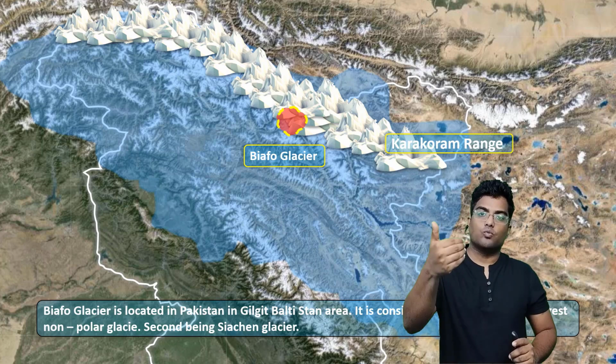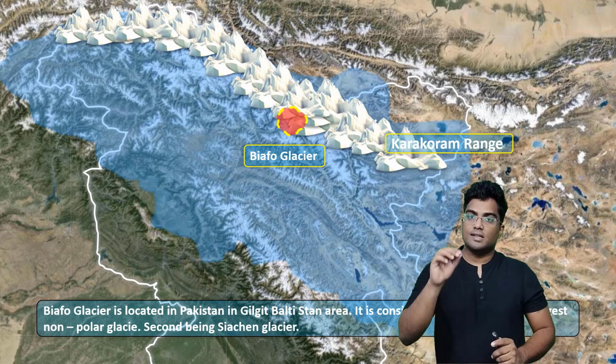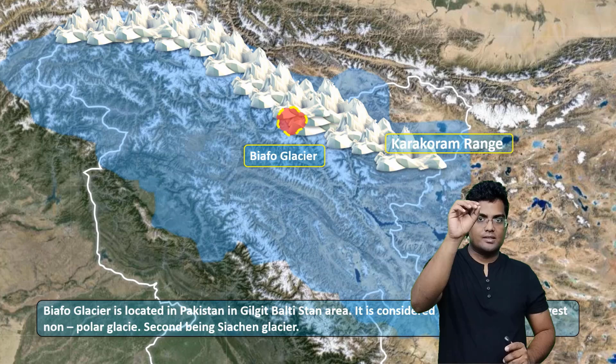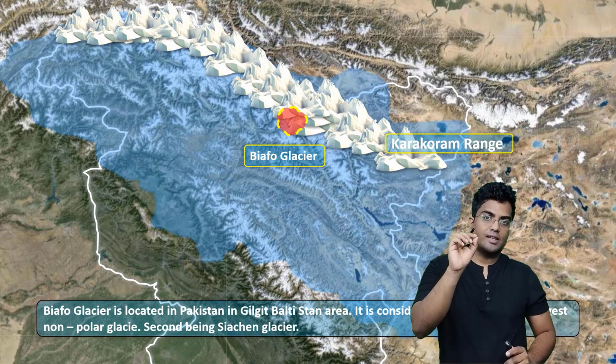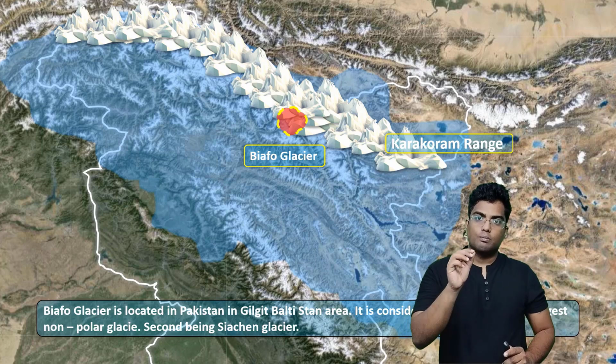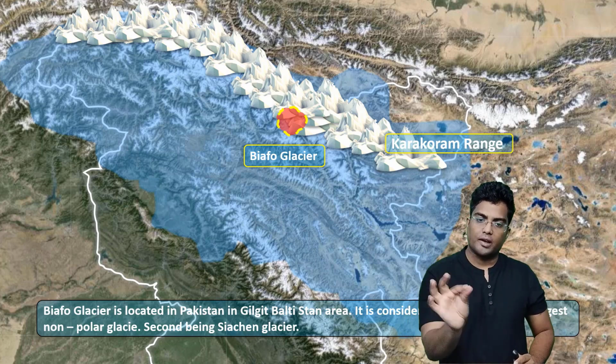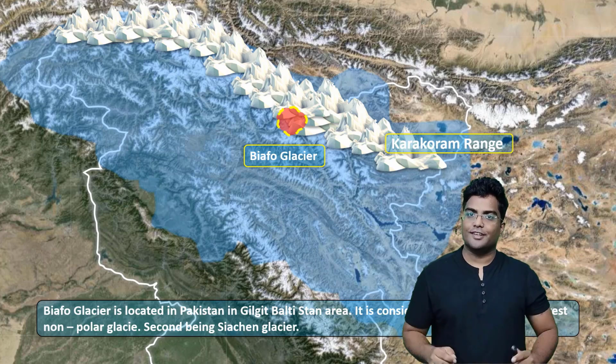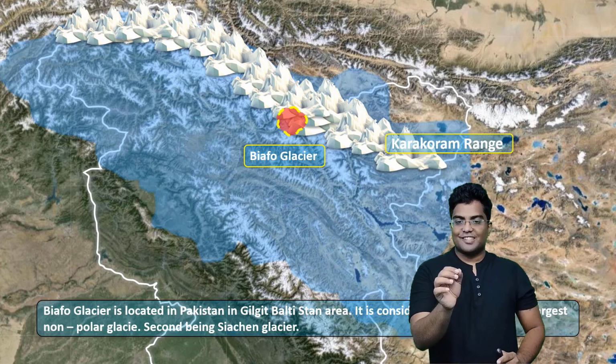But Biafo is the world's third largest non-polar glacier. First is a glacier located in Tajikistan, second is Siachen, third is Biafo. The second and third largest non-polar glaciers are both located in the Karakoram range. Interesting, right? So that's Biafo Glacier.